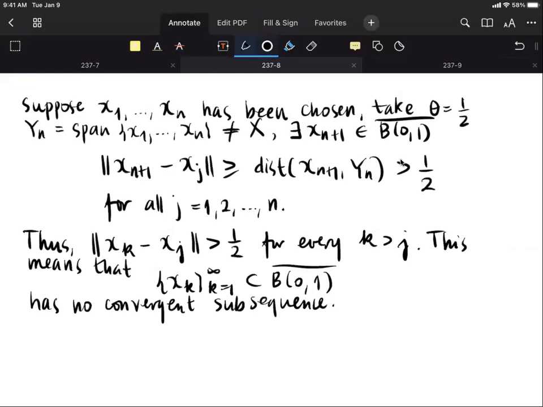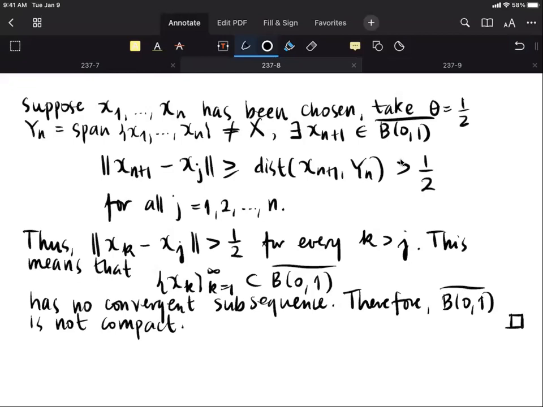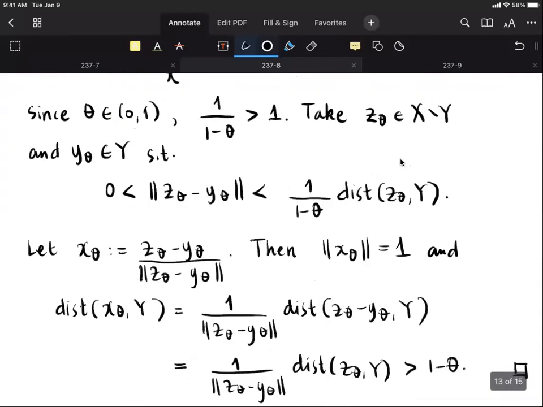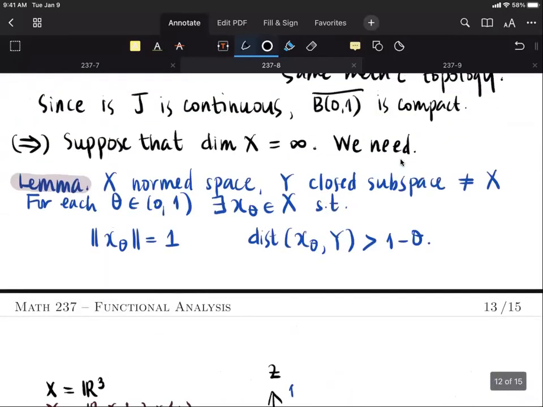Therefore, this is not pre-compact, and hence it is not compact. And this is the contrapositive of this direction.